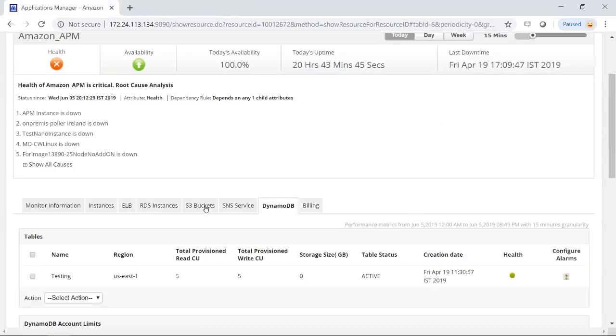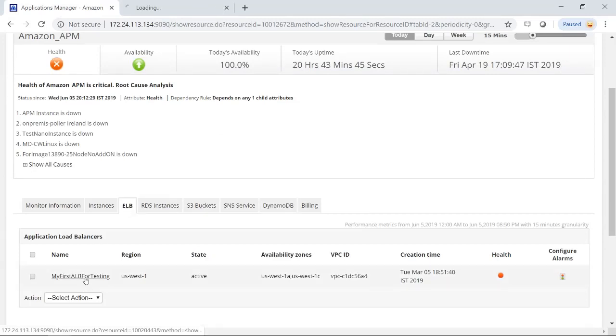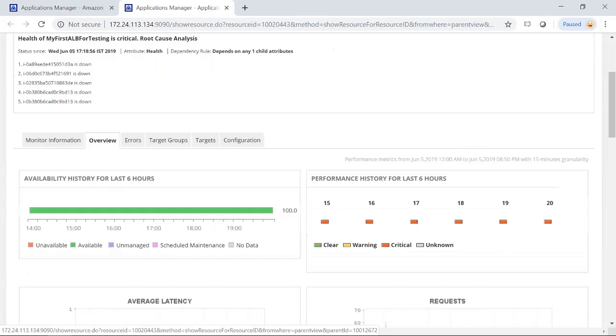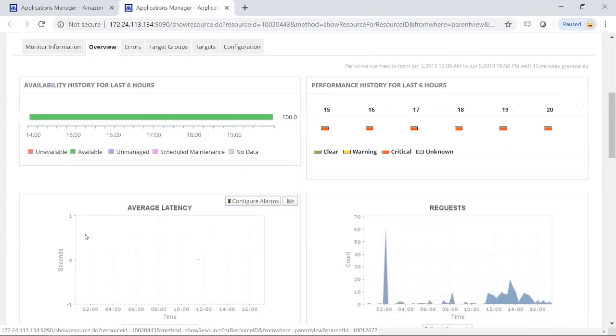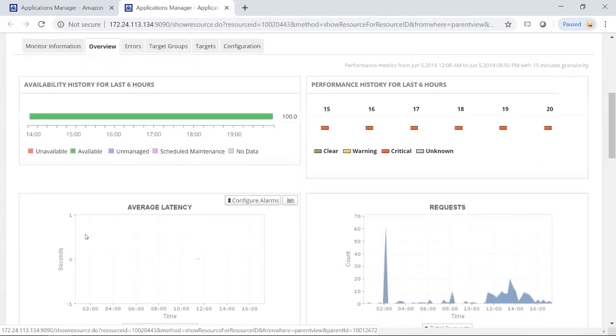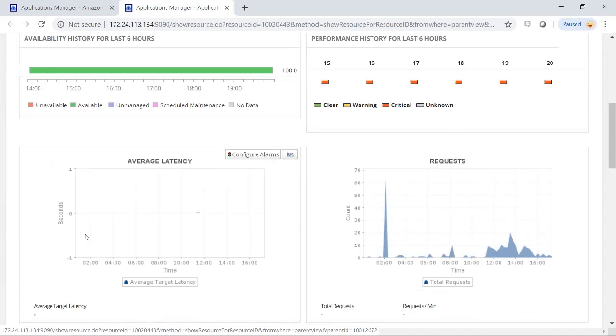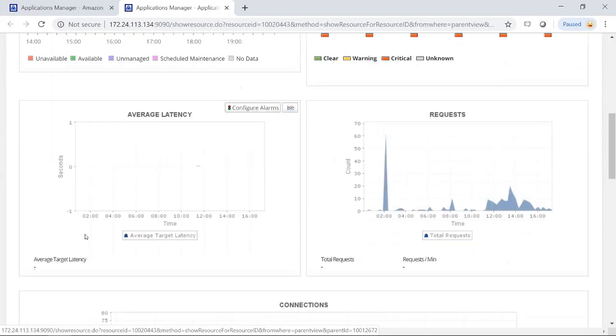Now let us get to the next service in AWS, which is the load balancer. As we saw a while ago in the screenshots, the load balancer helps a user identify their clustered environments, where the number of requests being sent to a specific ALB or network load balancer can be identified, and the total requests per minute is also identified.